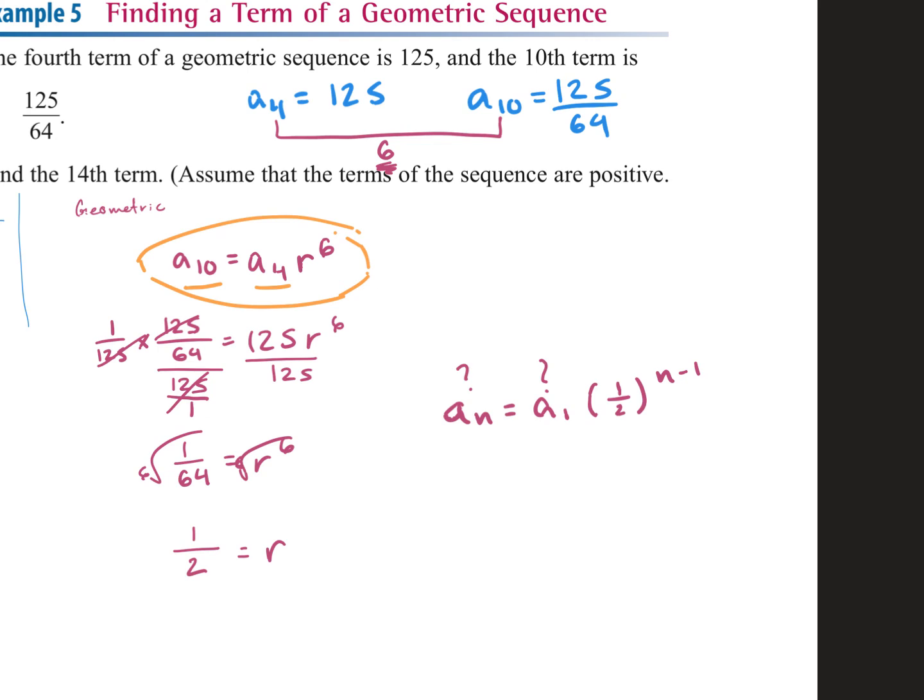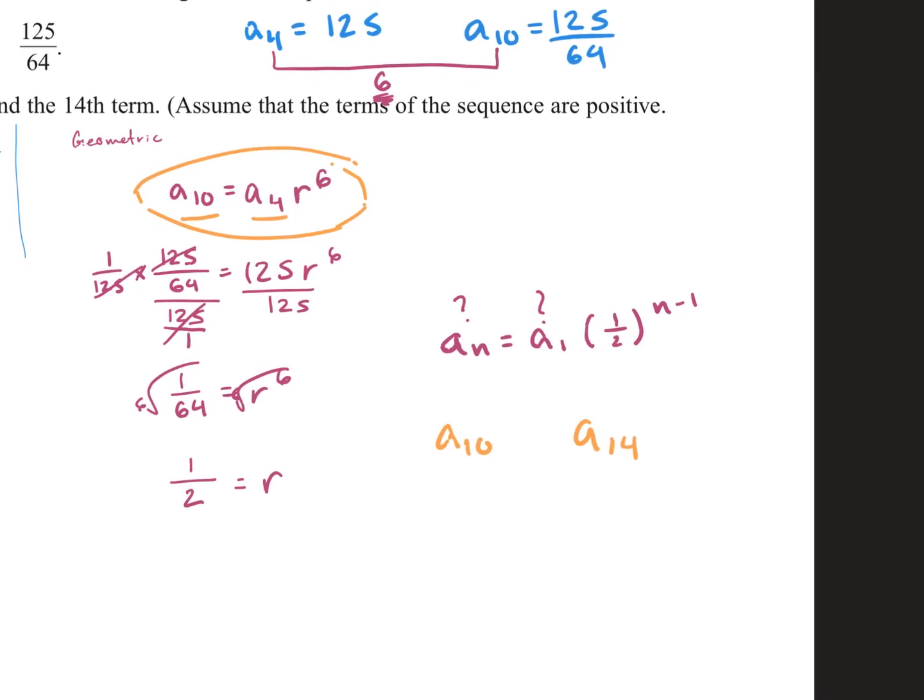So for a sub 10 and a sub 14, which one is farther from 0? A sub 14. So a sub 14 is going to be equal to a sub 10 times r. What's our r? 1/2. We just found that. What would our exponent be?